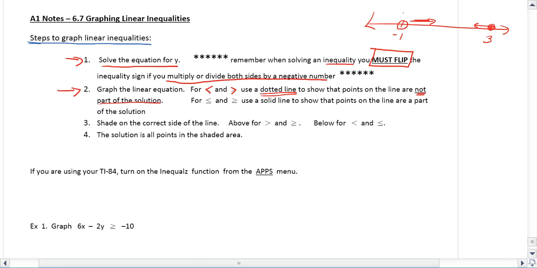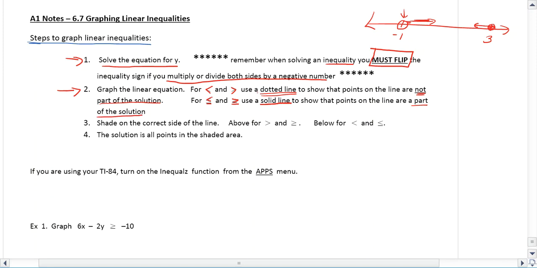In the same way, the open circle indicated that number wasn't part of the solution, but the solution started right super close to it. When your inequality is less than or equal, or greater than or equal, that's when you use a solid line in the graph to show that the points on that line are indeed a part of the solution.